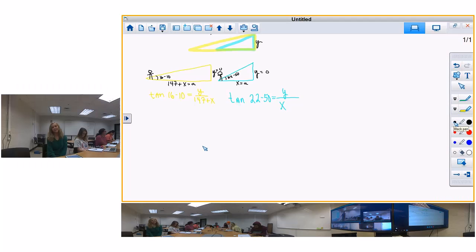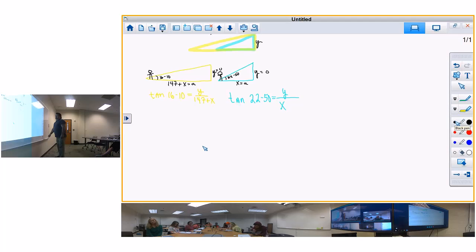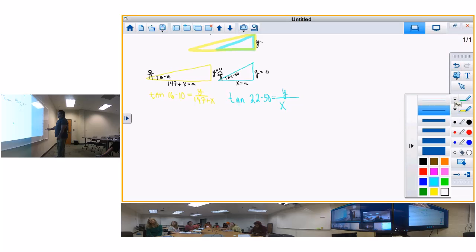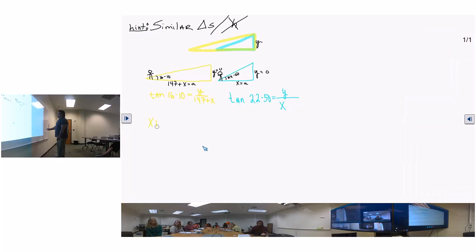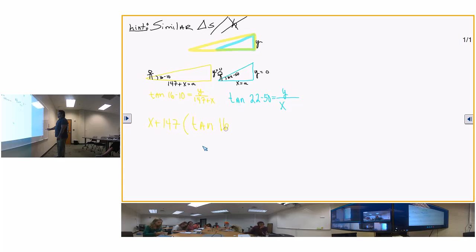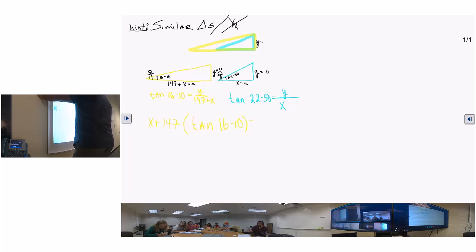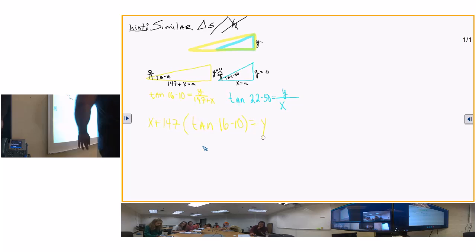Okay, so here we go. I'm going to put these two equal to each other, and I'm still going to write them in yellow. I'm not trying to make you mad, just trying to show you something. So x plus 147 times the tangent of 16.10 is equal to y. Everybody should have got that.